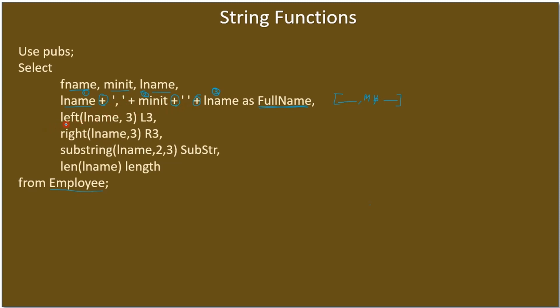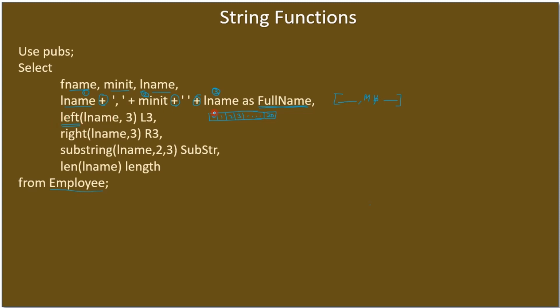Here the function left will cut the string from the left side. So for example, this is the string. Let's say this is a string which contains 20 characters in it.